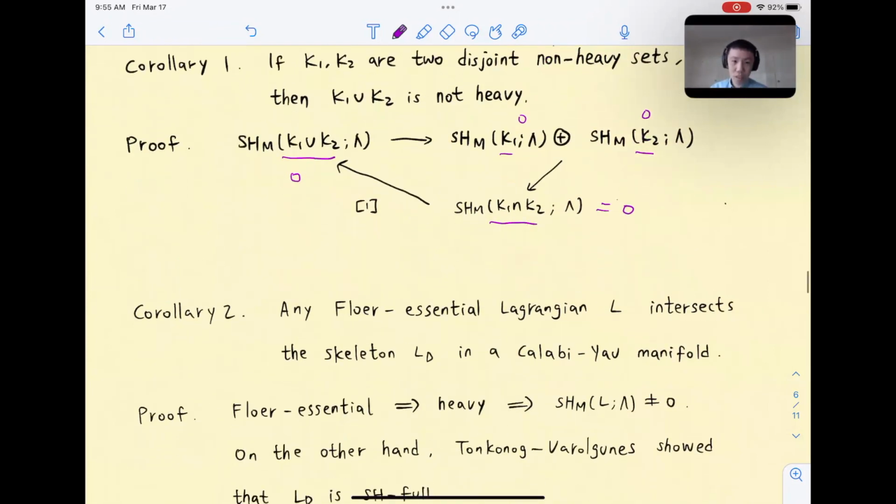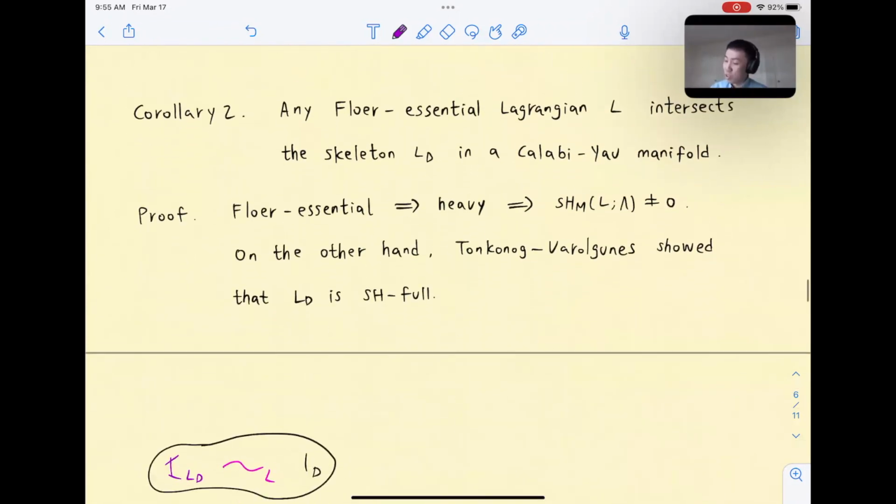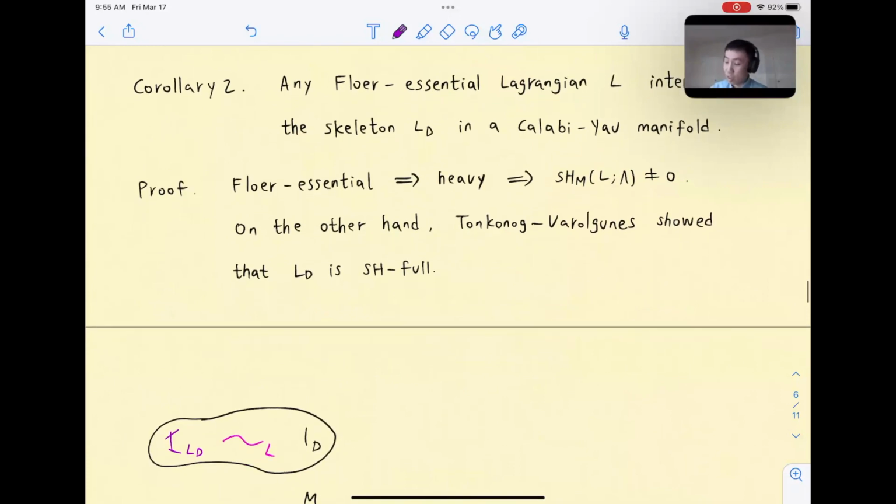The second corollary is a generalization of these two torus examples to any Calabi-Yau manifold. By Calabi-Yau manifold, I just mean a closed symplectic manifold whose first Chern class of the tangent bundle is 0.